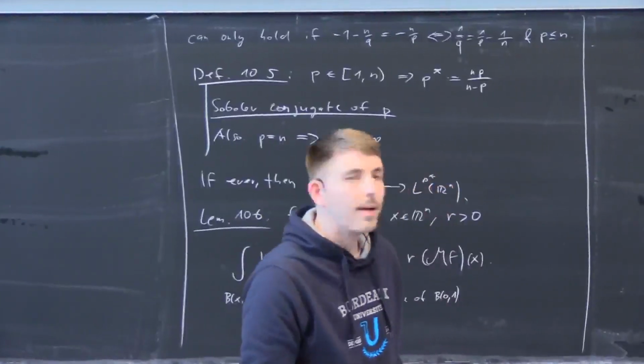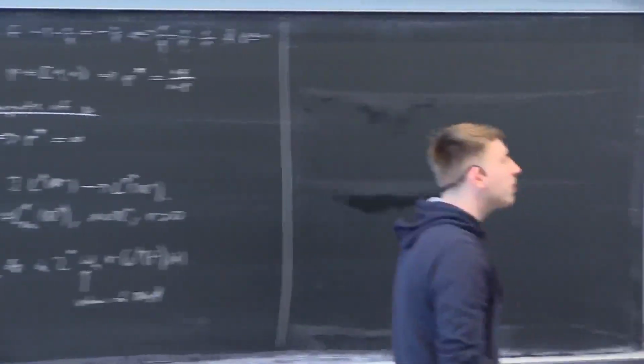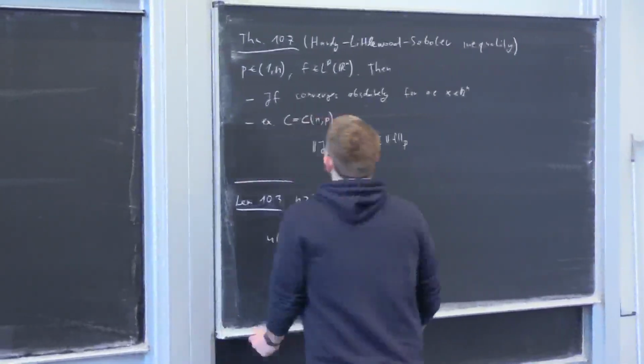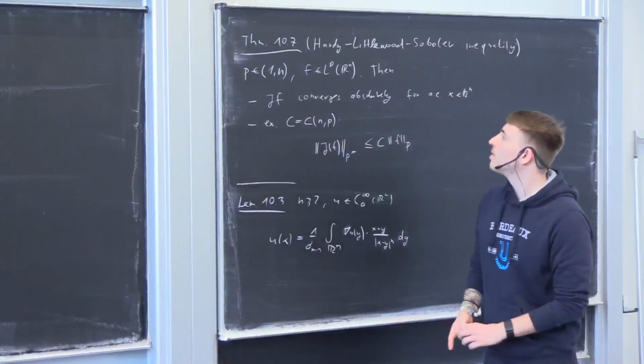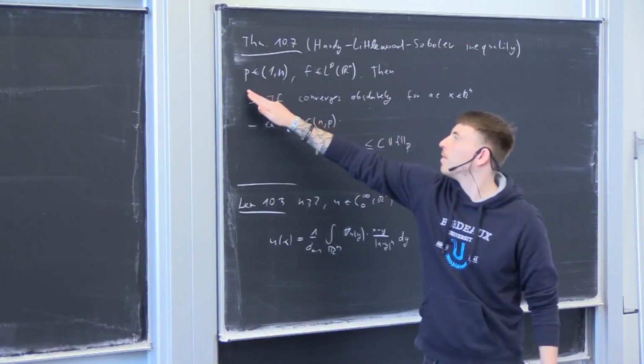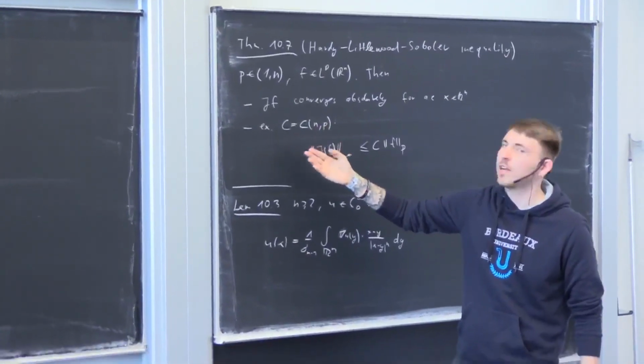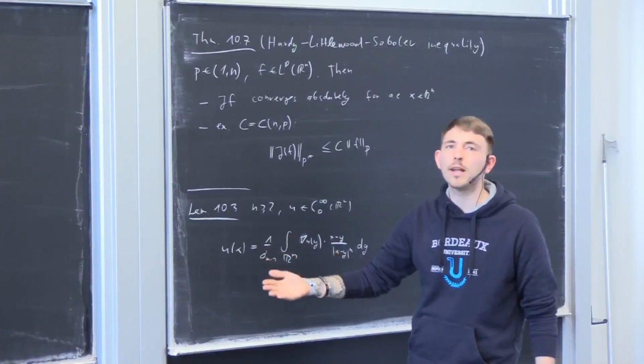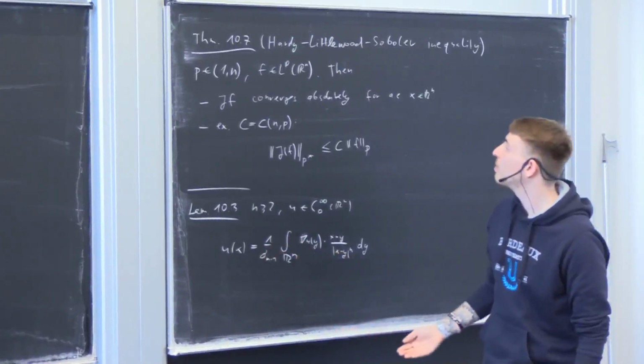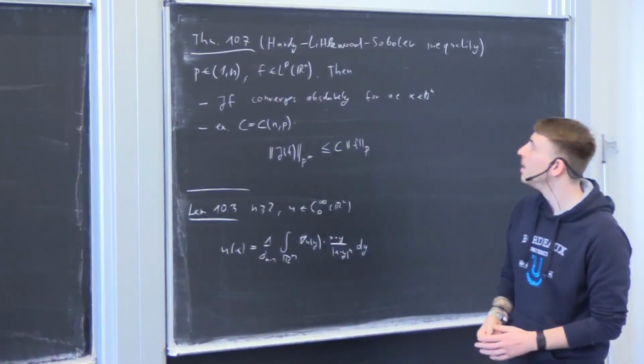So let's get back to our Hardy-Littlewood-Sobolev inequality. What did we want to show? We said that we take some p in the open interval of exponents for which we could expect Lp to Lq mapping properties for the Riesz potential.